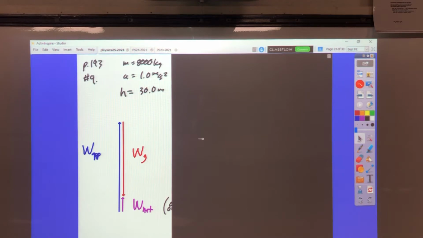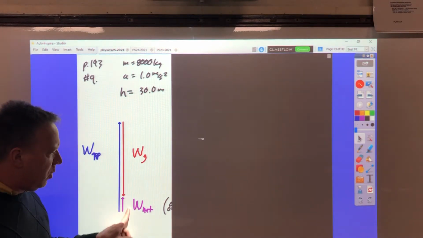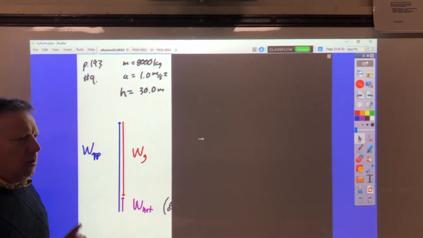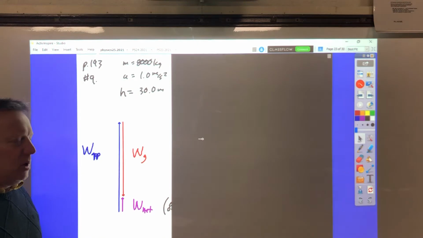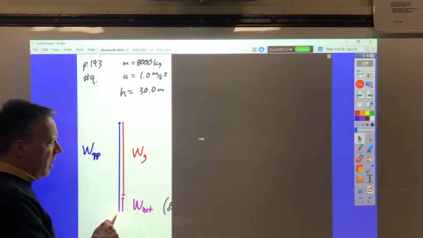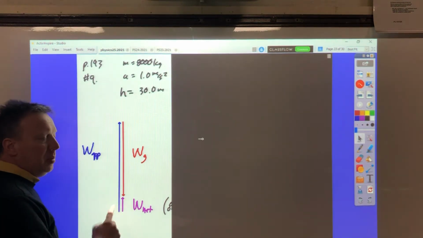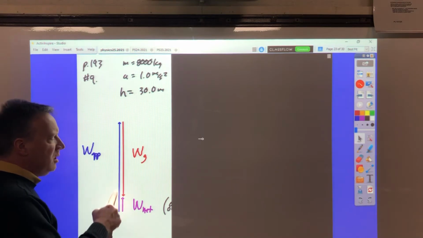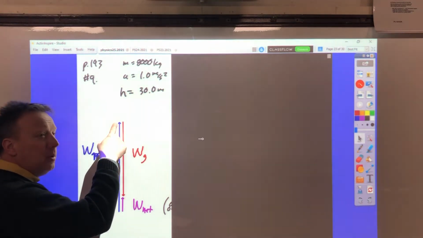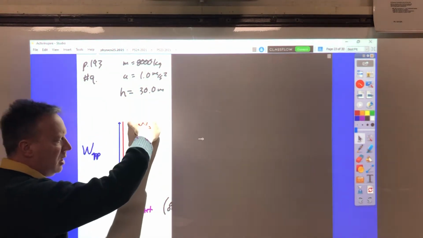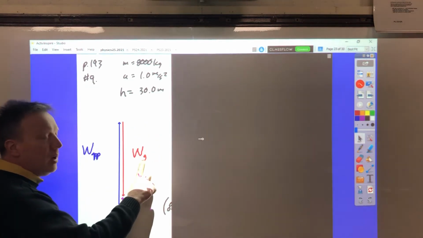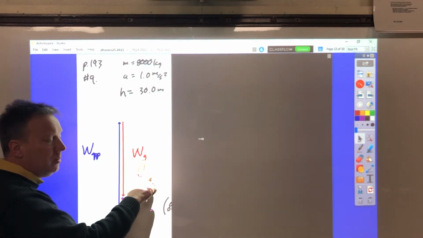So you've got an airplane designed for vertical takeoff, and what you want to do is calculate this net work. So this may not be the shortest way to do it, but it's probably the most intuitive. I'm figuring out, okay, the airplane is applying force through a distance to do an applied work up, which is greater than its force of gravity, which is its weight down.